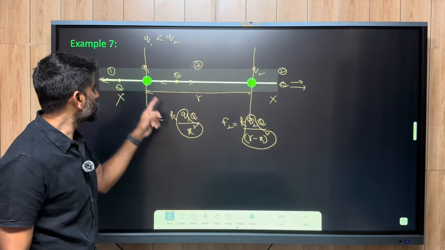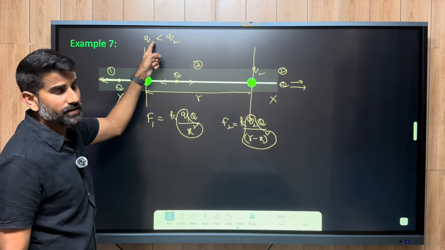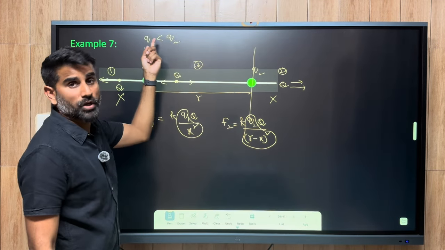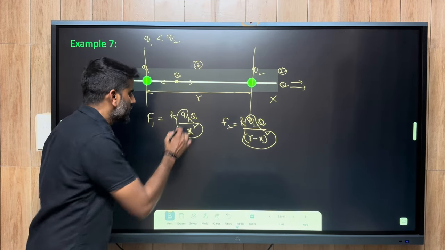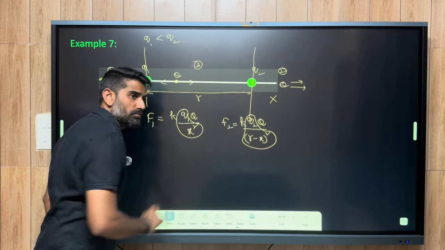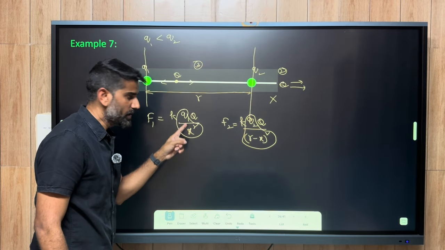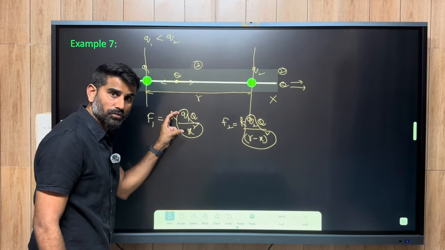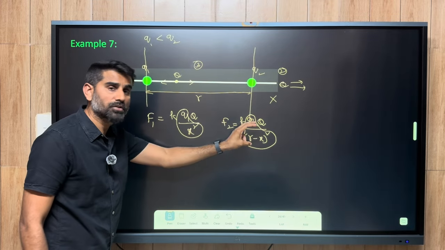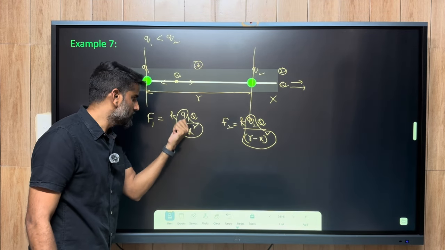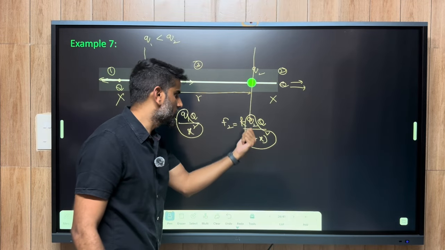to be same, right? So since Q1 is less and Q2 is more than Q1, for the ratios to be similar or equal, this X must be less. Since Q1 is less, X must be less. For the ratios of these two terms to be equal, if this is less, this also should be less.